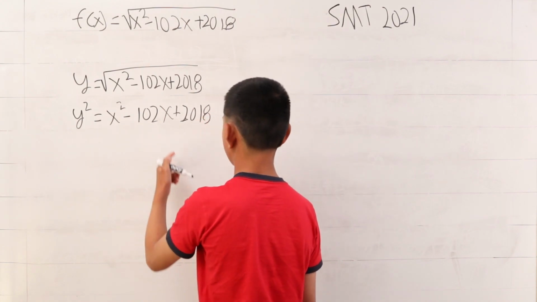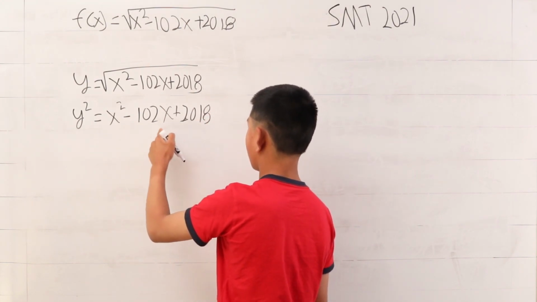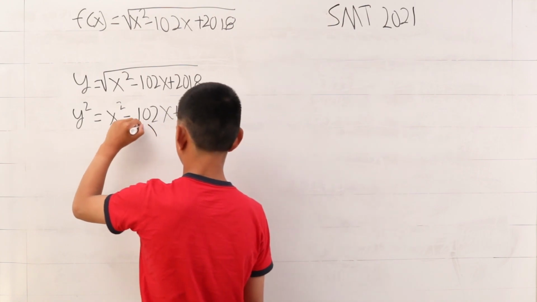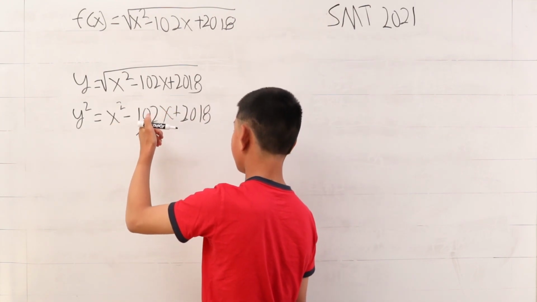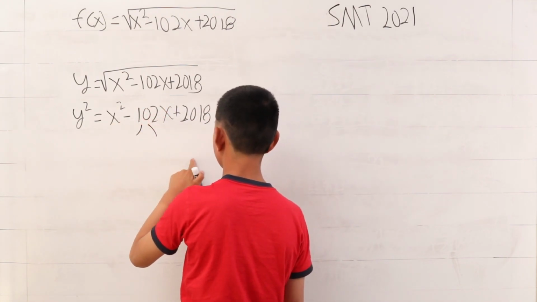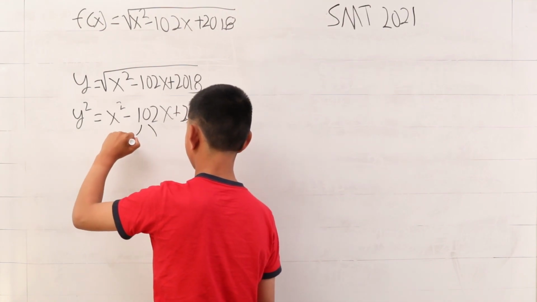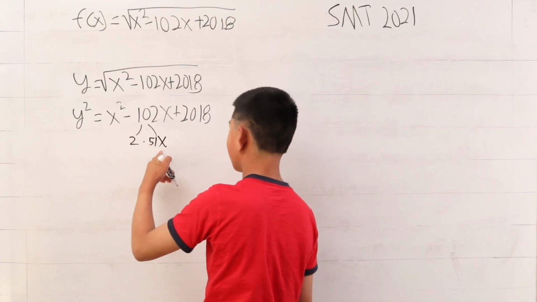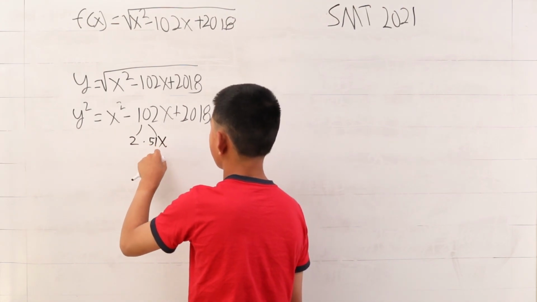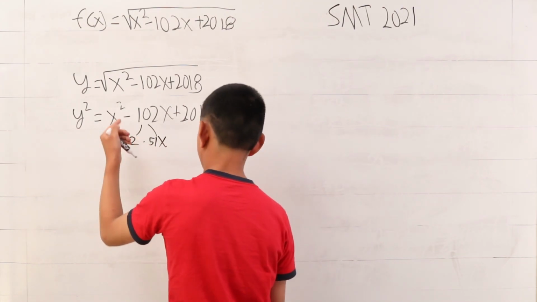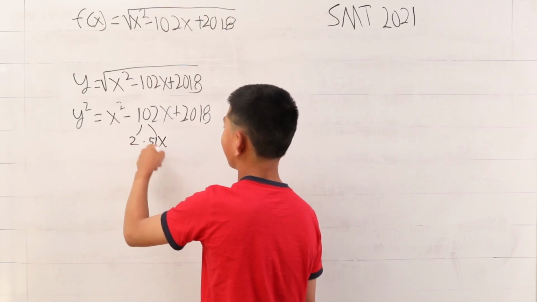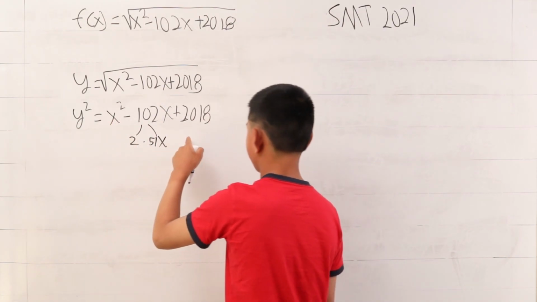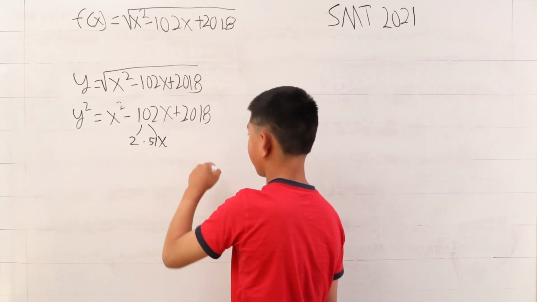We see that this is a quadratic equation, so this here has to be a 2ab according to the formulas. So we can rewrite this as 2 times 51x. We know that this is an ab term, and the other term is already used up, so there's another square here, which is 51 squared.